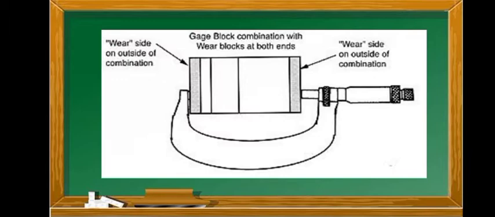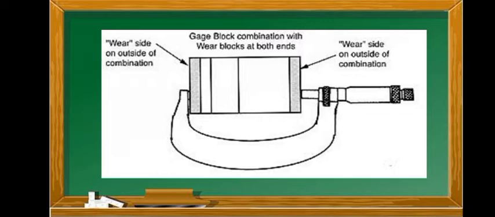So for example, we have this inspected micrometer with the stack of gauge blocks. So as we can observe, there is a wear block in each side or in each end to prevent wear or damage in the other blocks, or to provide wear resistance and longer the life of gauge blocks. The wear blocks should always be on the outside of the combination.